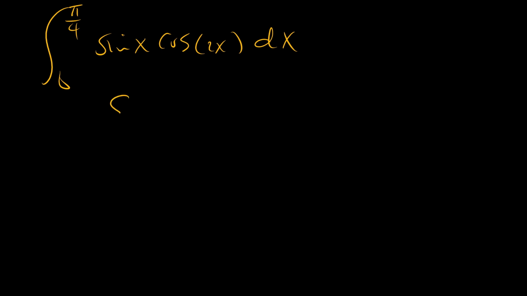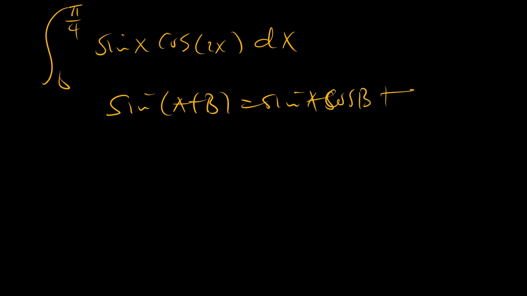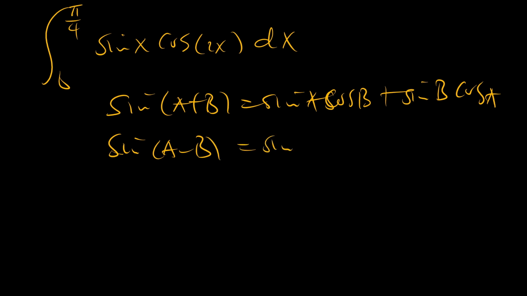I would use sine(a plus b) equals sine a cosine b plus sine b cosine a. Similarly, sine(a minus b) is equal to sine a cosine b minus sine b cosine a.